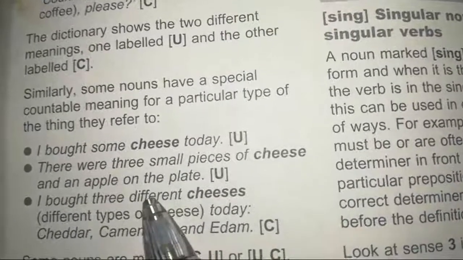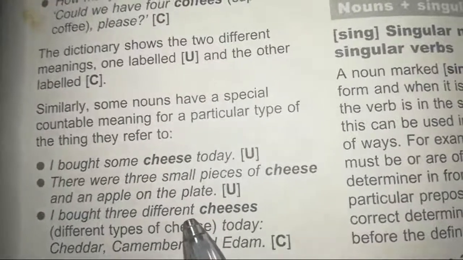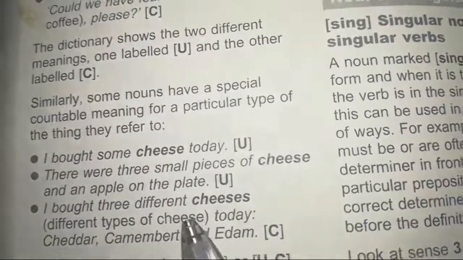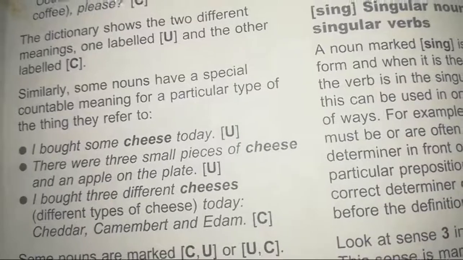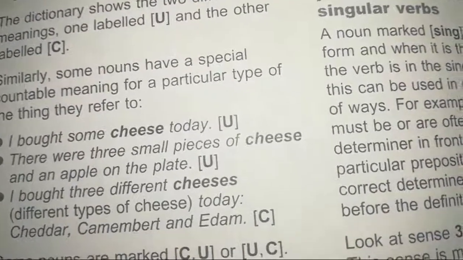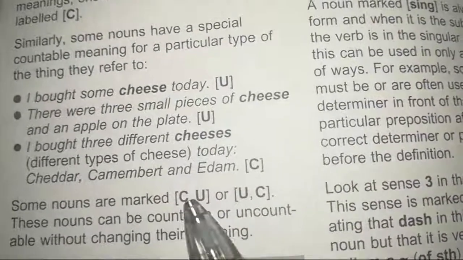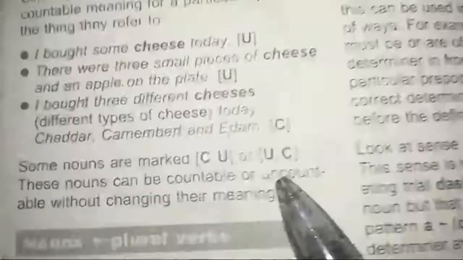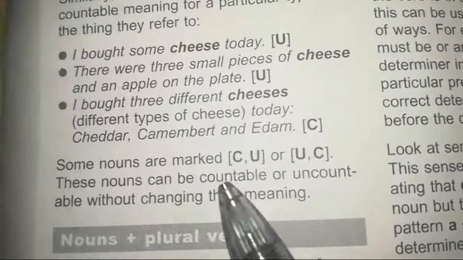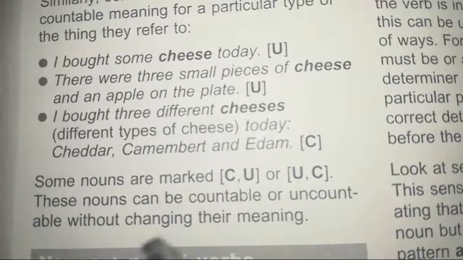I bought 3 different cheeses, different types of cheese today: cheddar, camembert, and Edam. Some nouns are marked C or U, or U or C. These nouns can be countable or uncountable without changing their meanings.